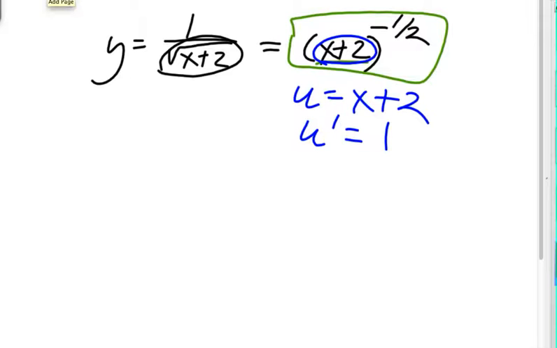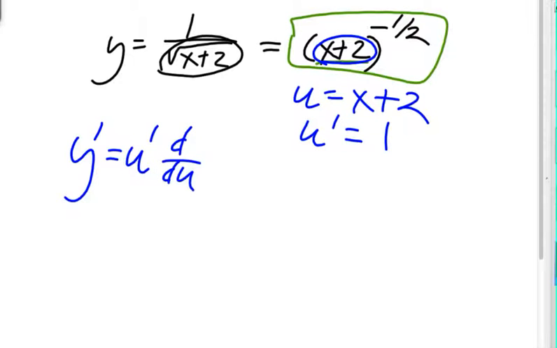Okay, so now we come back in, and y prime now is going to be equal to, remember, it's u prime times d du of this function right here, so it will be u to the negative 1 half.